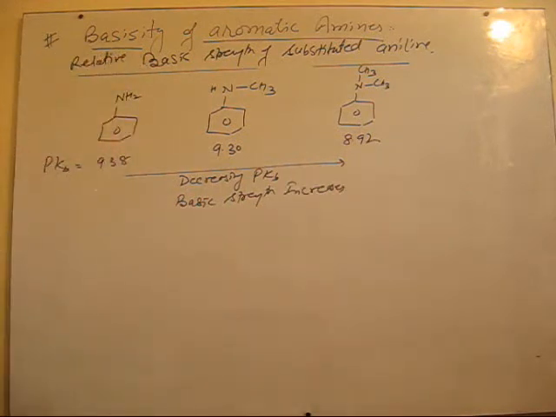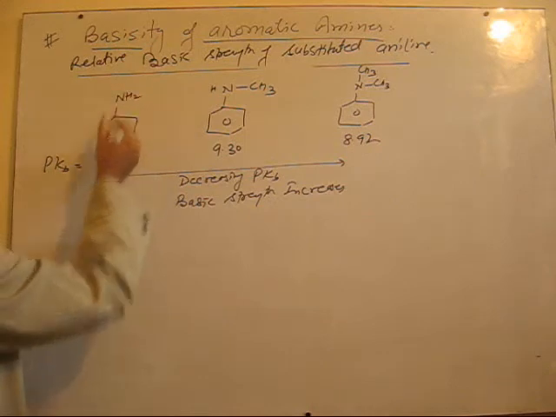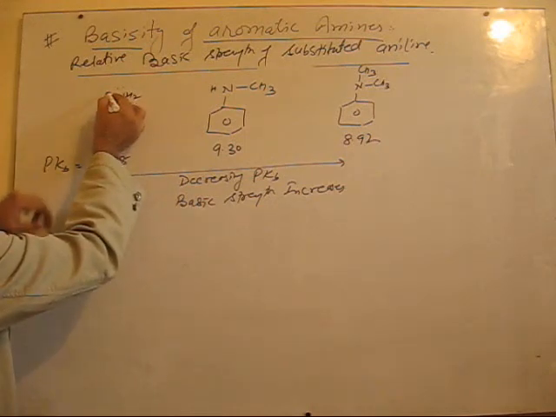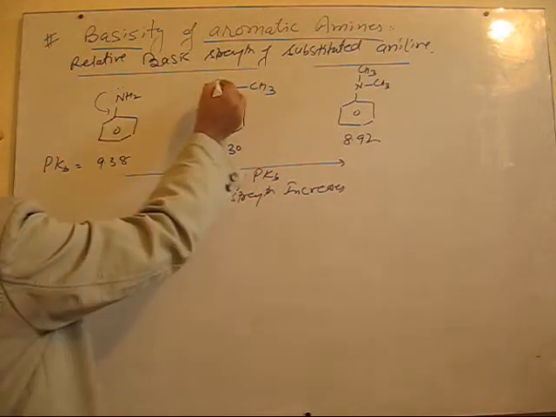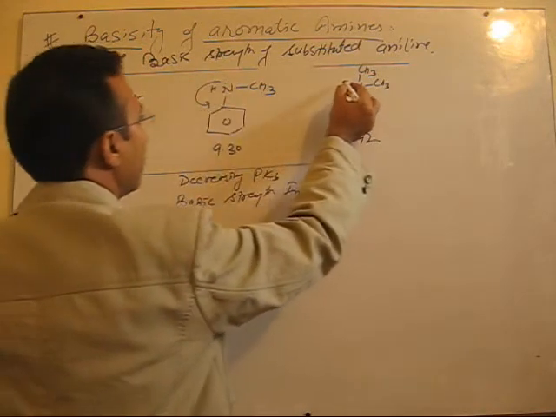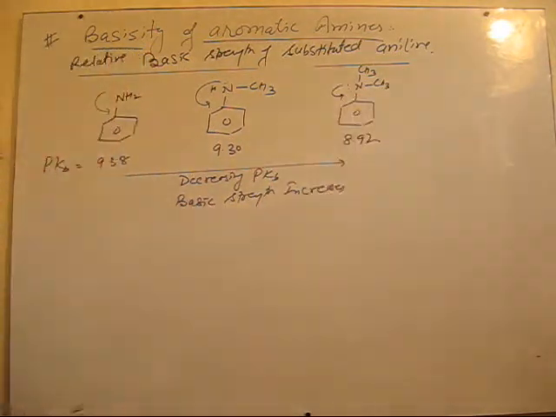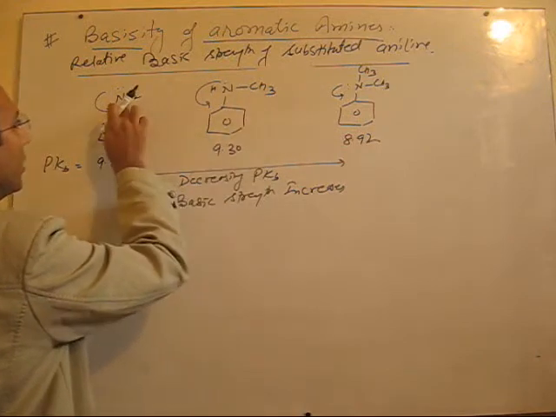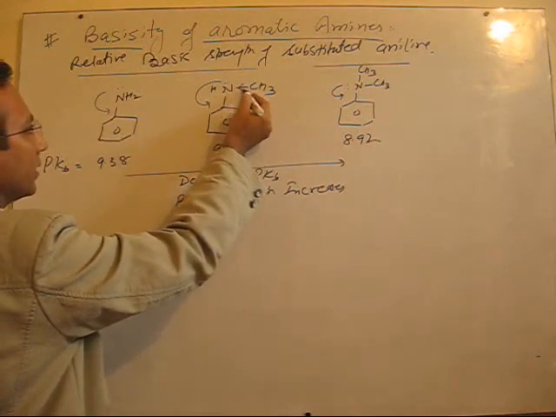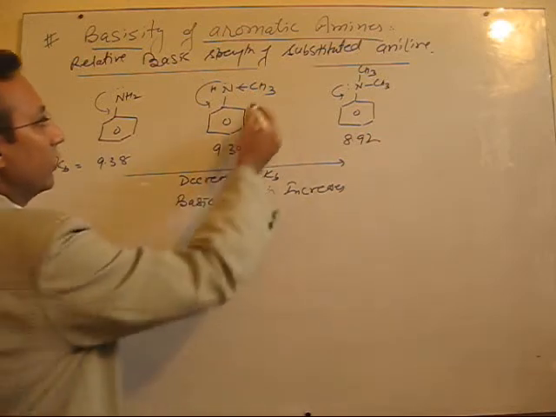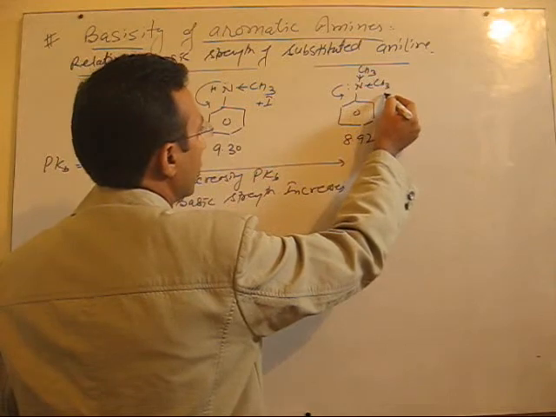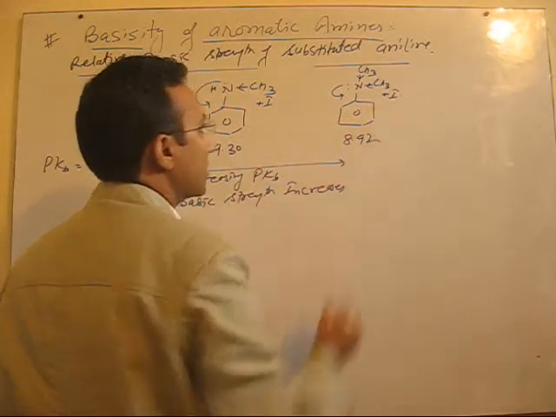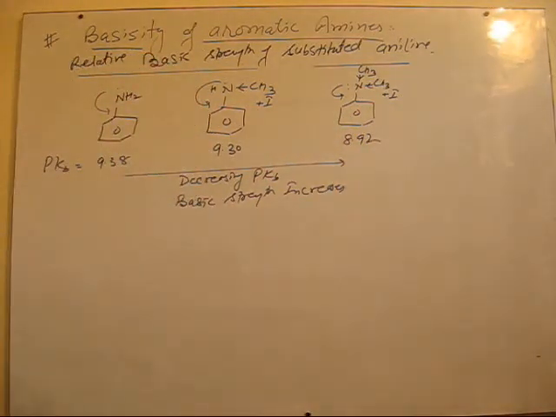So it's very simple here. The effect of attraction of the lone pair of the nitrogen by the ring due to plus R effect is the same in all these cases. That effect is there. But if you observe the substituent present at nitrogen, then there is no alkyl group present. One alkyl group present is going to increase the electron density of nitrogen by plus I effect, and here such substituents are 2, so it is more plus I effect and electron density of nitrogen is more.